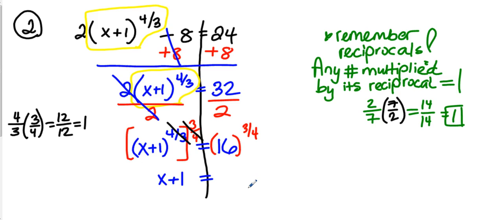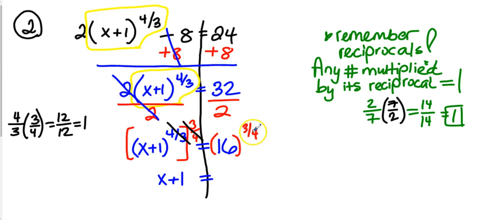Now for this part, the 16 to the 3/4. Let's see. Well, we just finished a whole section on simplifying, and a big emphasis when we were simplifying is rewriting with a smaller base. So my question is, how can you rewrite 16 with a smaller base? I see that my root is 4.